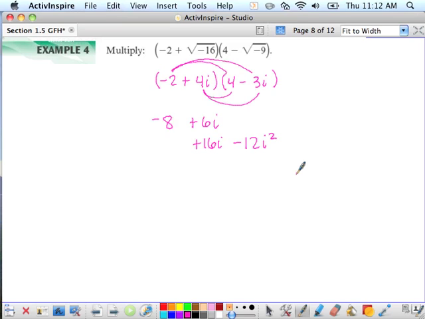Positive 12. So please don't forget that. So now we have negative 8 plus 22i plus 12 for a total of positive 4 plus 22i. So we say the real part is 4 and the imaginary part is 22. 4 is little a and 22 is little b for this complex number.